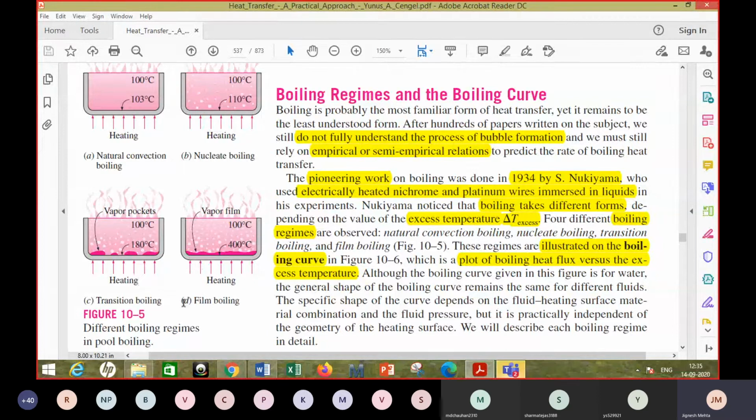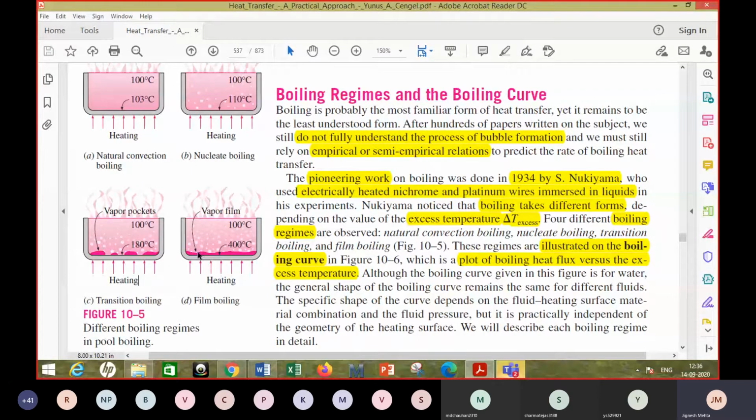And at some point you see that there is a continuous vapor. The heat supply rate is so high that the bubbles rising are not enough, and when the bubble detaches and rises up, liquid takes its place, right?